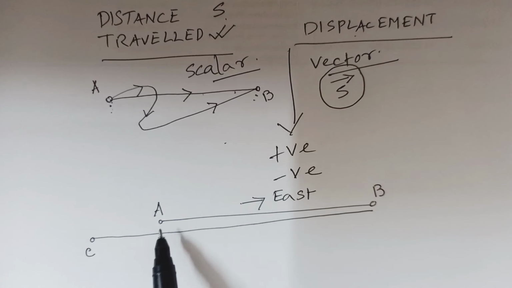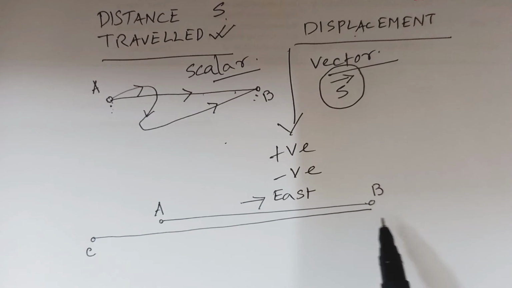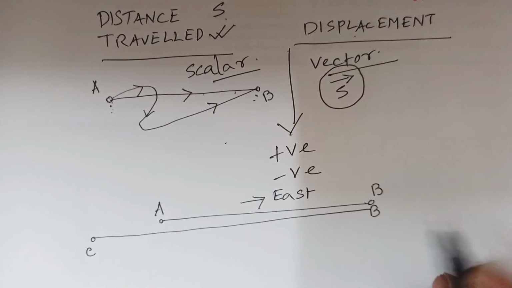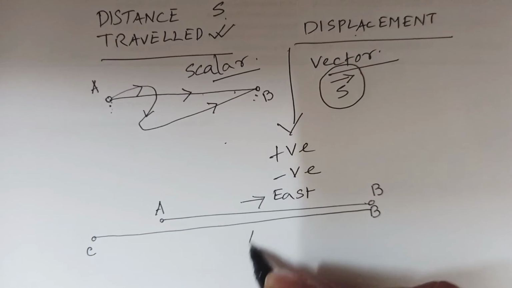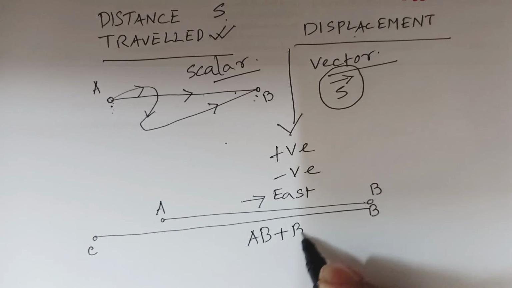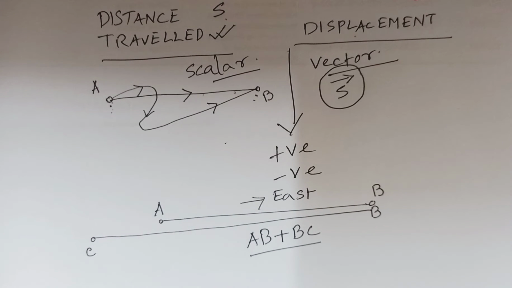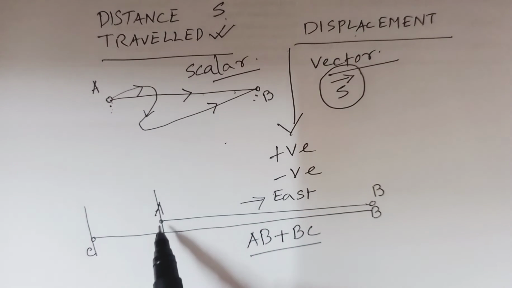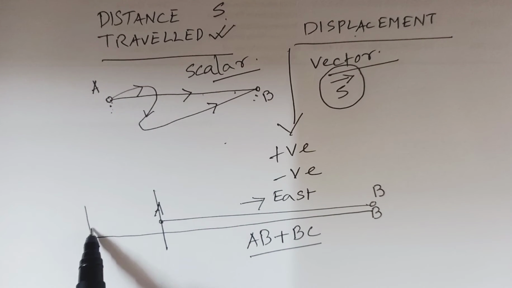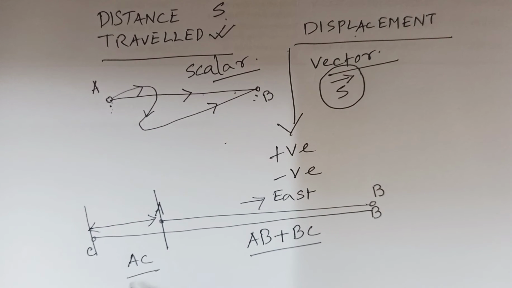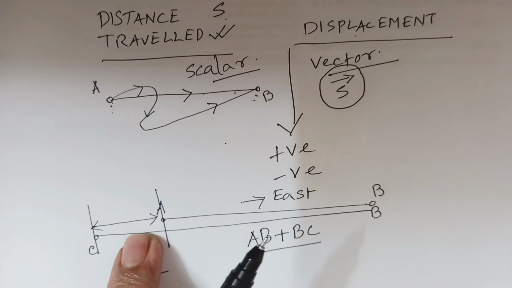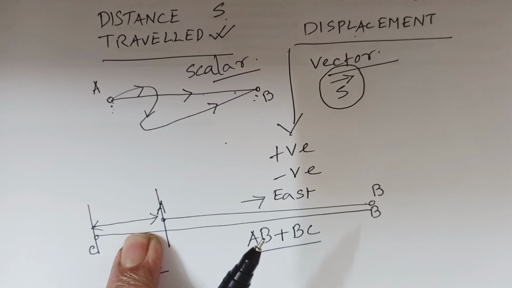The total distance traveled will be AB plus BC. And what is the displacement? This is the initial point and this is the final point. So the straight line distance AC is the displacement, and this displacement is basically negative.